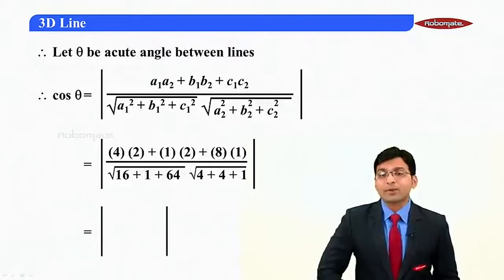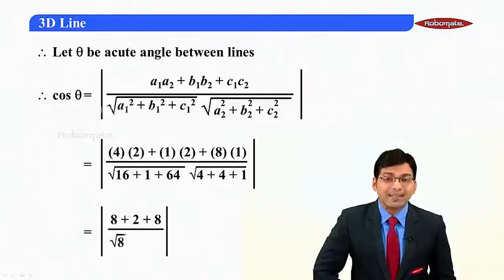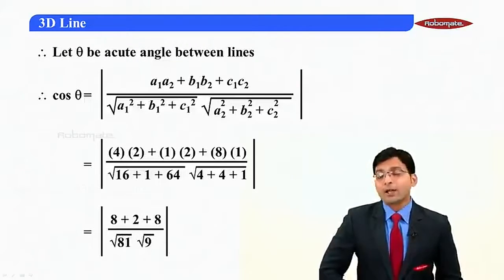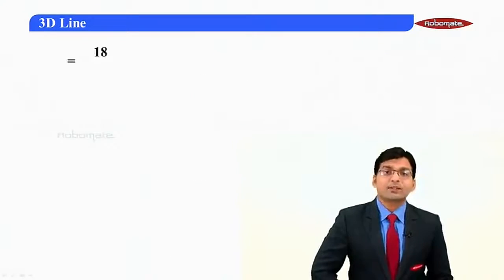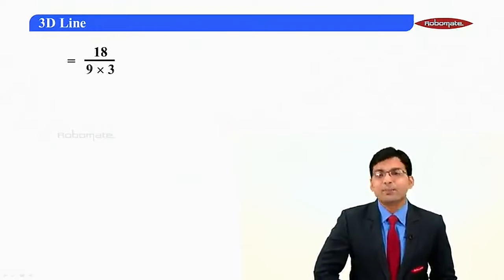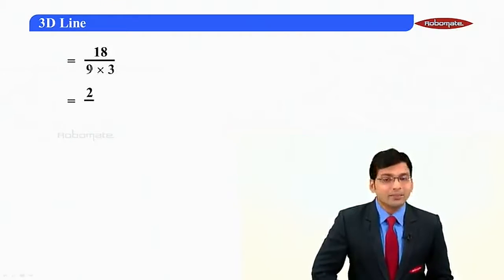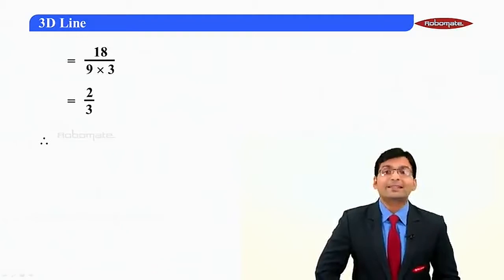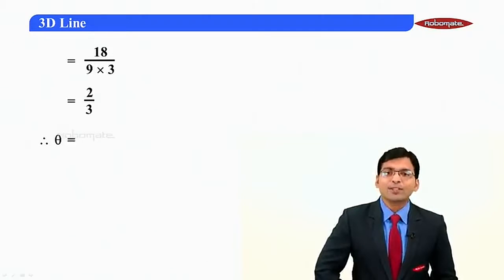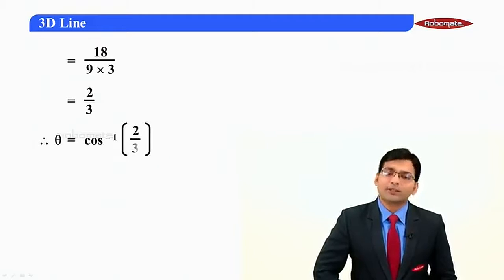On simplification, the numerator is 8 + 2 + 8 and the denominator is root 81 into root 9. This gives cos theta as 18 upon 9 into 3, which becomes 2/3, and therefore theta = cos inverse of 2/3.